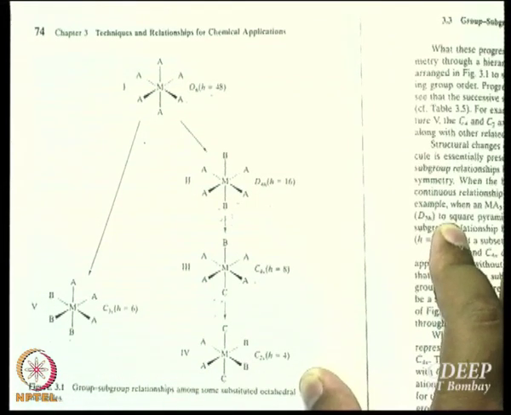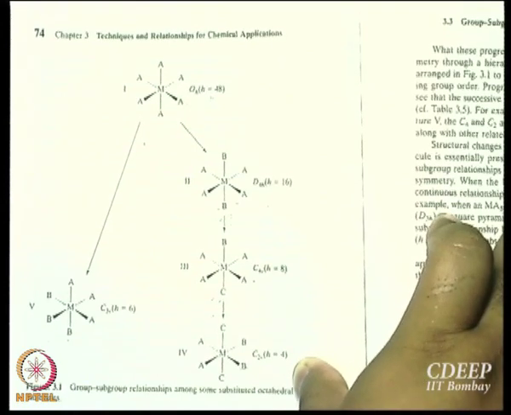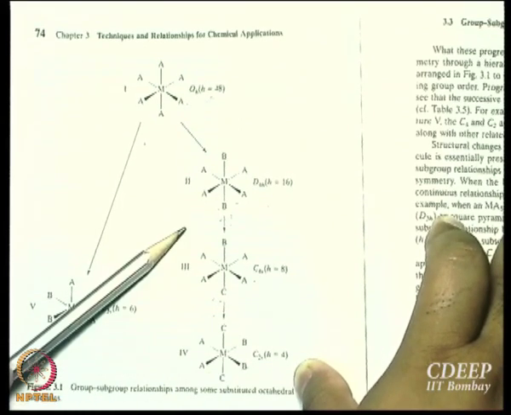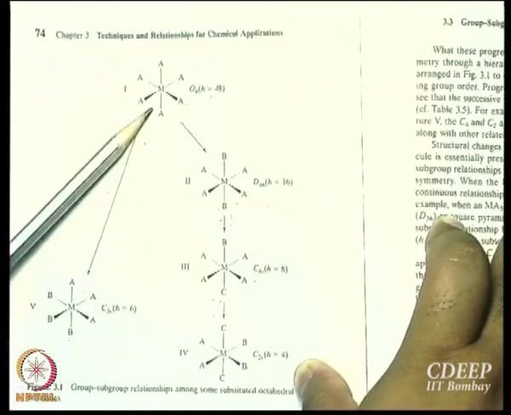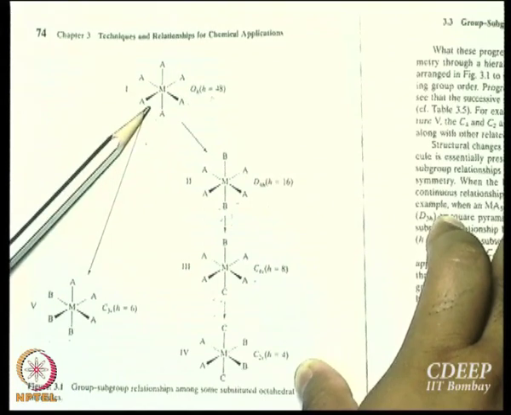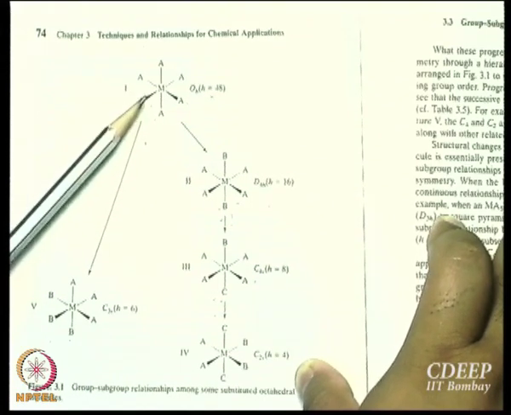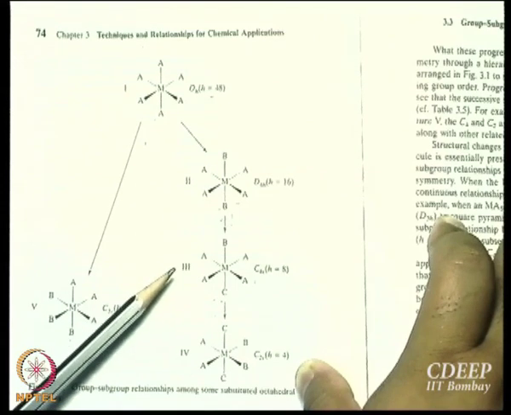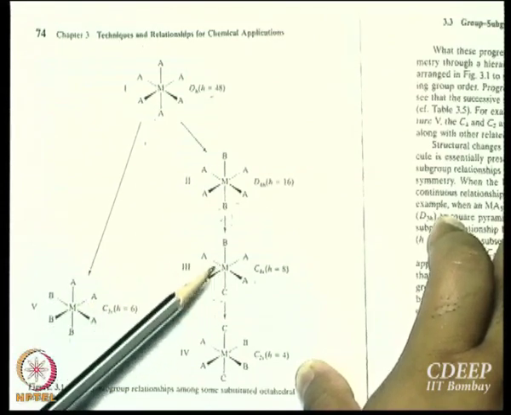By chemical substitution you can go on lowering symmetry, from a group of higher symmetry to a group of lower symmetry. All these groups of lower symmetry that we arrive at by simple substitution would be subgroups of this bigger group. We had discussed this briefly earlier also. This is one kind of subgroup, this is another kind of subgroup. You cannot come to C3v from C4v, for example, because that C3 axis is not even there in C4v.